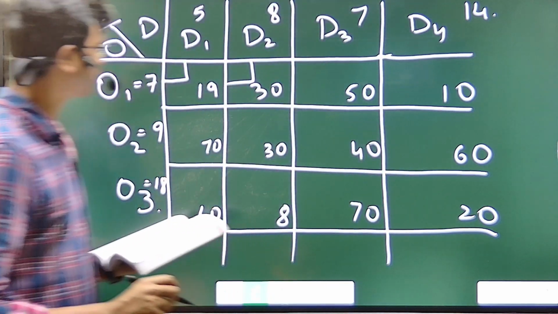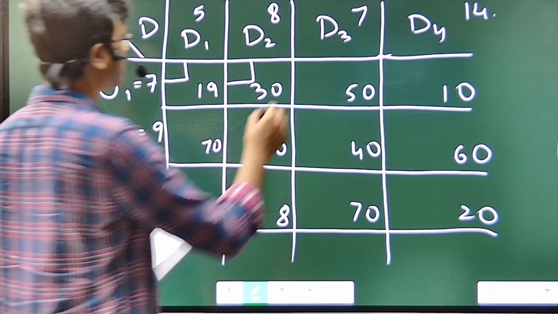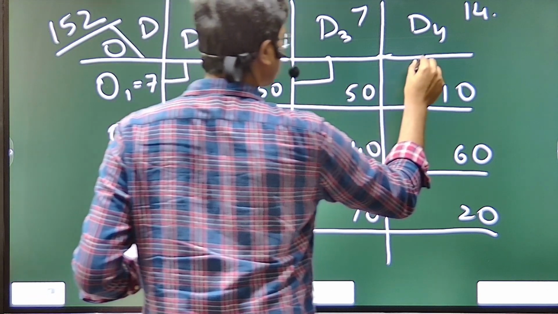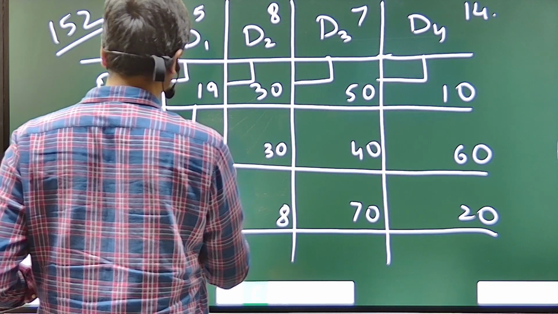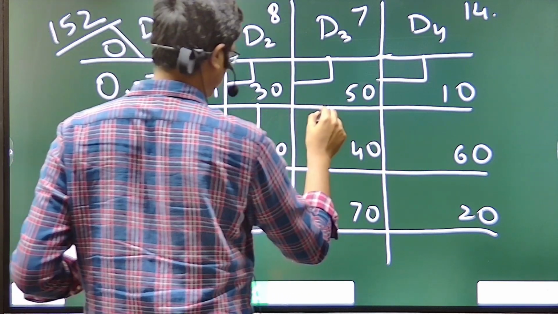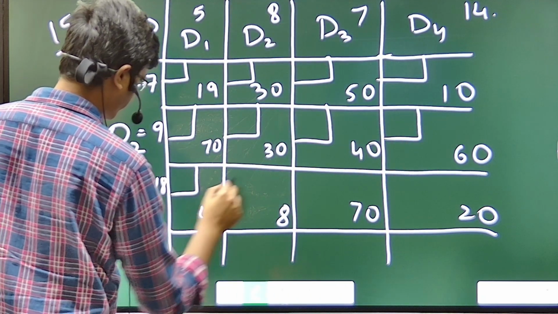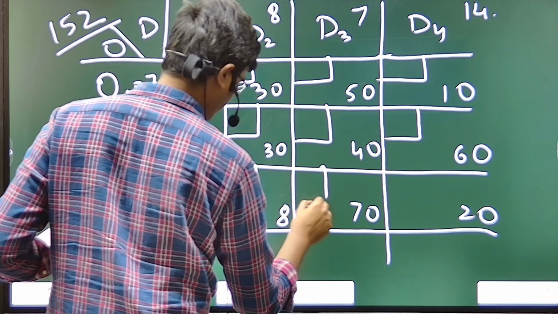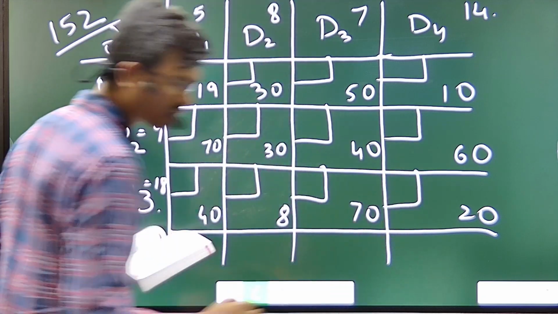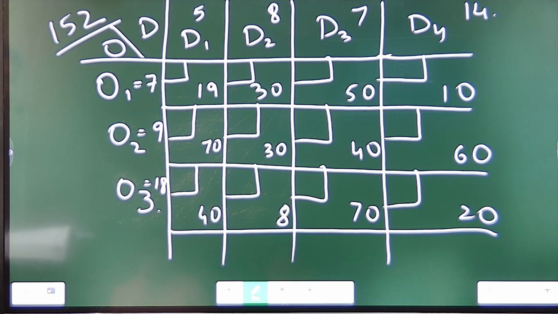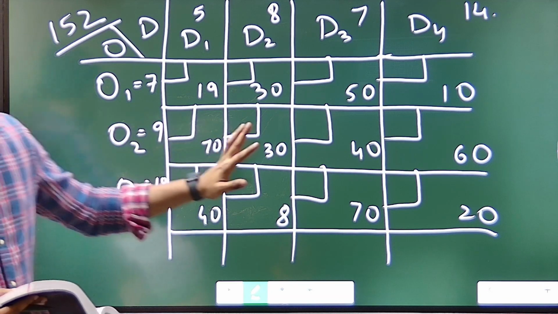So these are your costs. This is nothing but the units which you are going to distribute. So this is the notation. This is how we'll solve all the transportation problems.